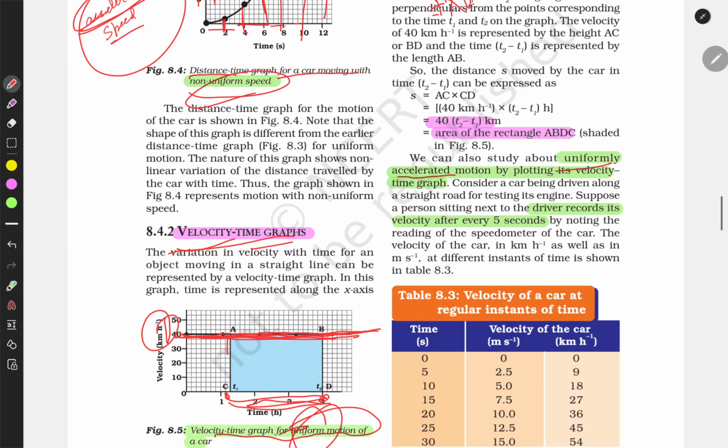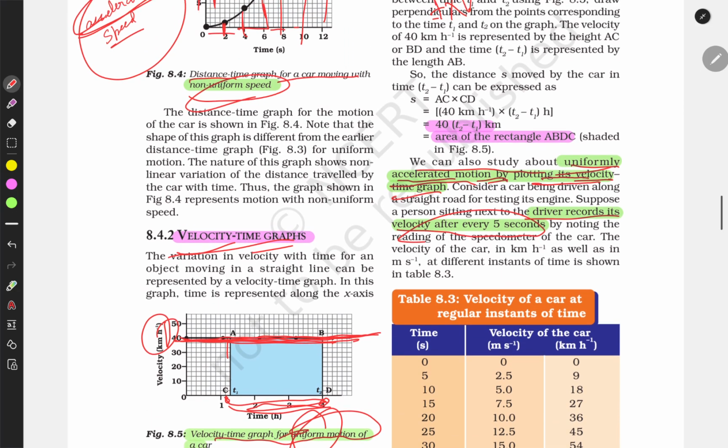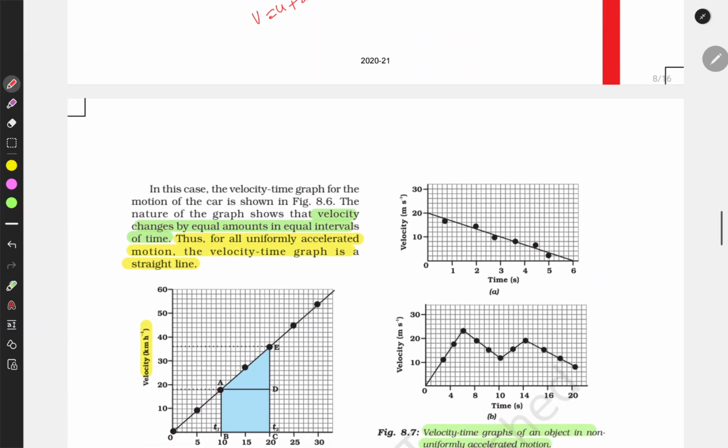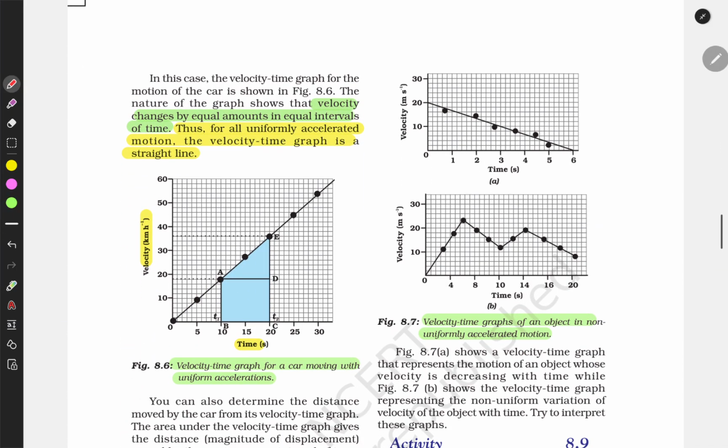We can study uniformly accelerated motion by plotting its velocity-time graph. Velocity changes by equal amounts in equal intervals of time.